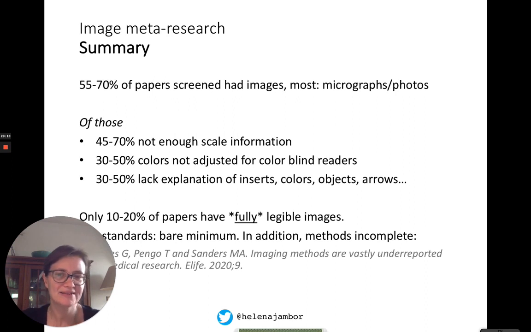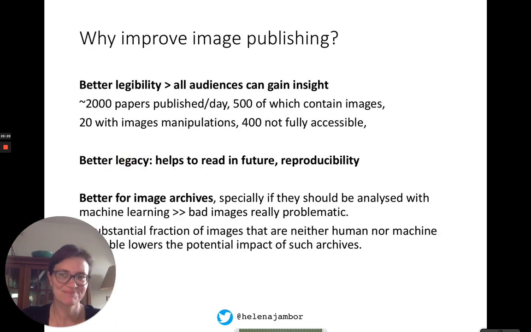So basically our take home is that we think we need to substantially improve the quality of images in papers. Why? Not just to make Helena happy or the bioimaging community, but we think that better legibility allows all audiences to really gain insights from papers. So our papers become more valuable if we have understandable images. Again, think about the numbers.